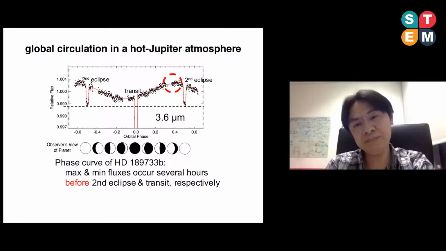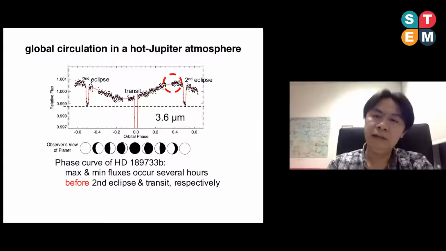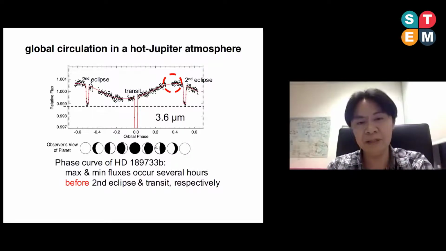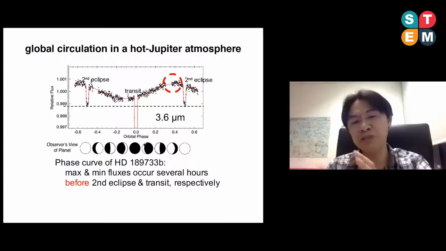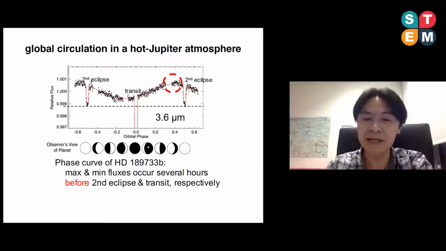It's not a surprise to see this modulation of the light curve due to the thermal emission from the planet, because at different orbital phases, you have different portions of the day side and night side coming into view.